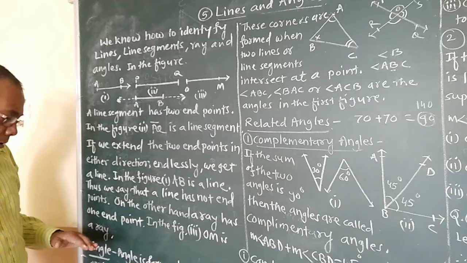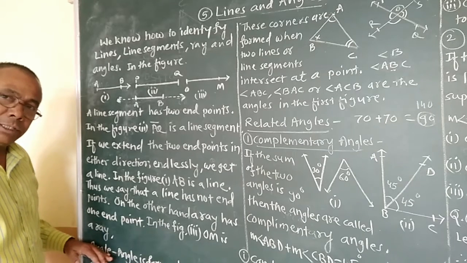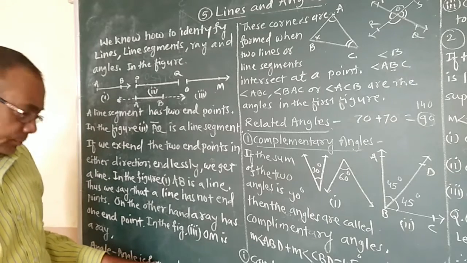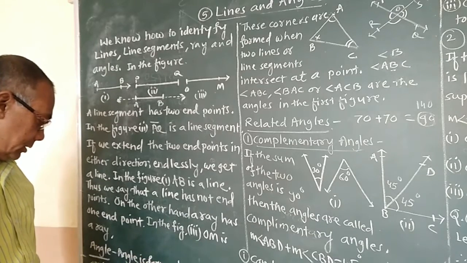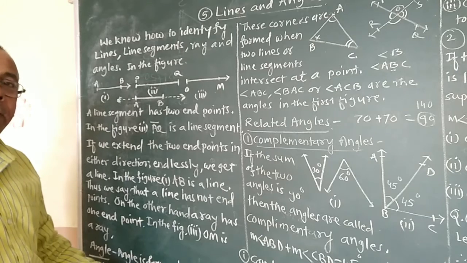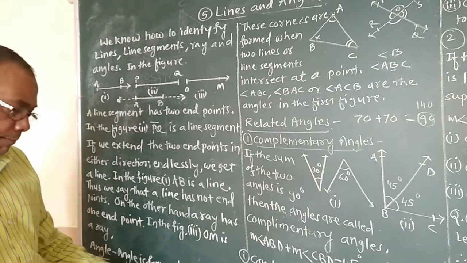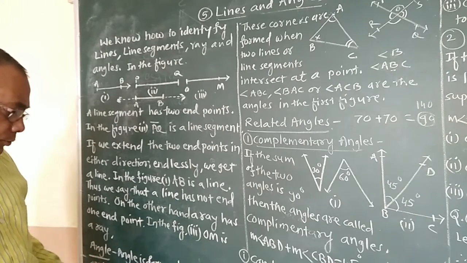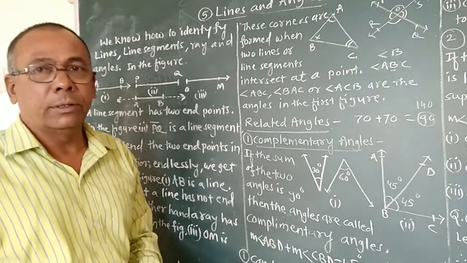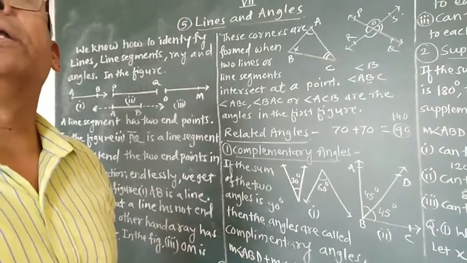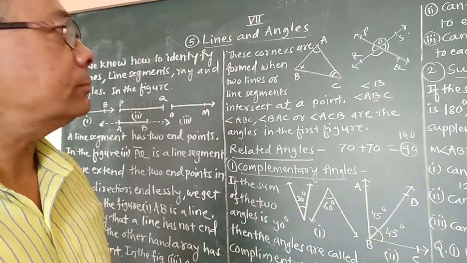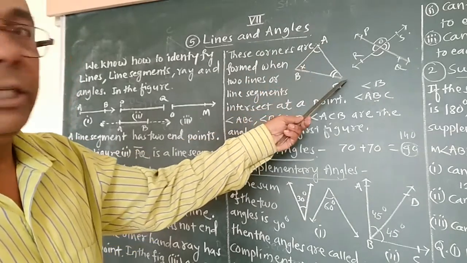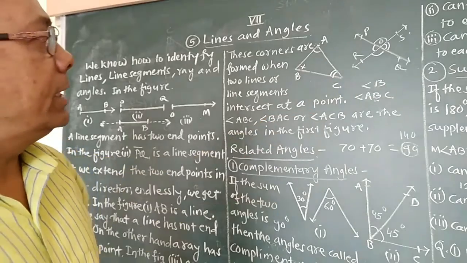Now we will see what is an angle. An angle is formed when lines or line segments meet at a point. In the figure, observe the corner. Here I have drawn one figure with A, B and C as the endpoints.